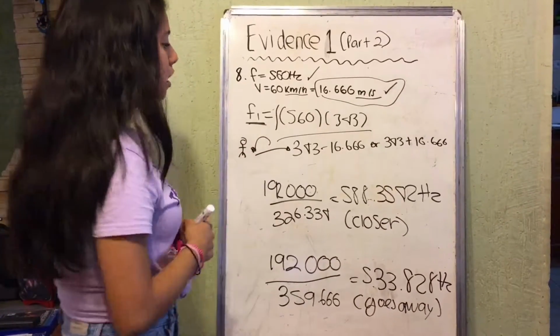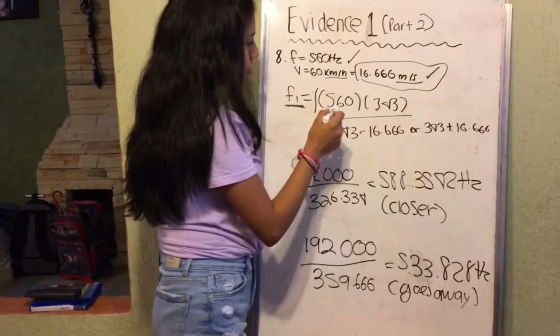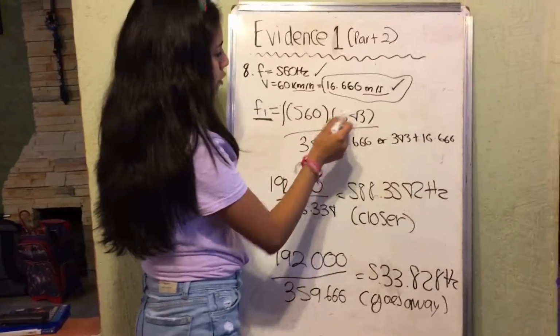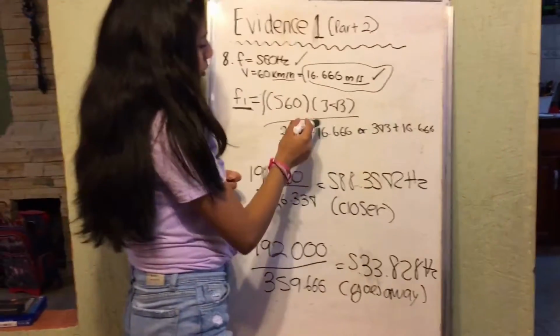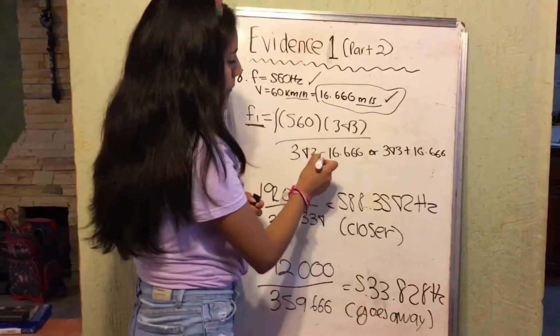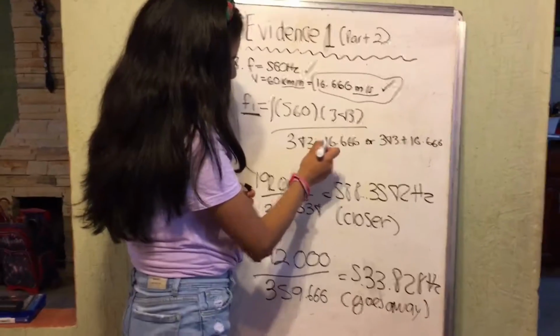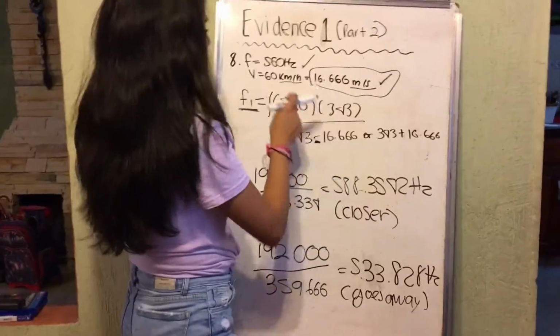So we're going to use this formula: 550 times 343, that is our velocity of sound, over 343 again, minus 16.666, that is our velocity.